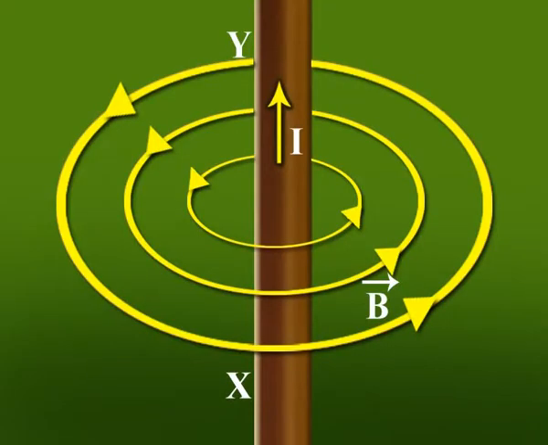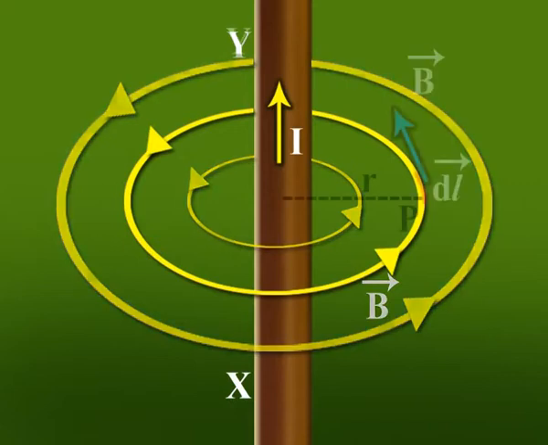Consider a long, thin, straight conductor XY. When current I is flowing in the vertically upward direction, the magnetic field is produced. The magnetic field lines are concentric circles perpendicular to the plane with their center lying on the conductor.